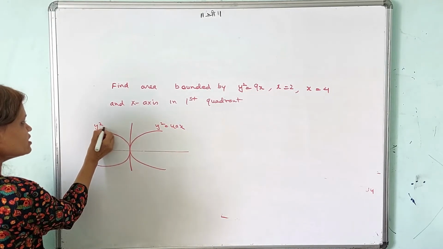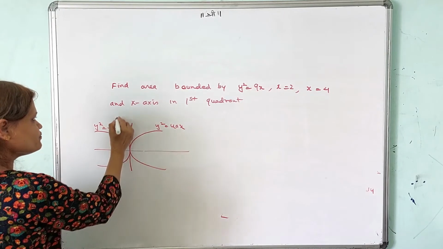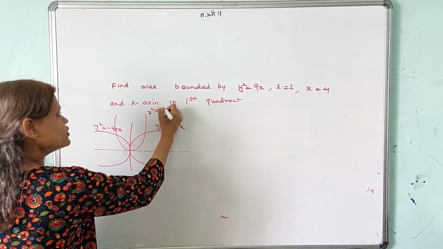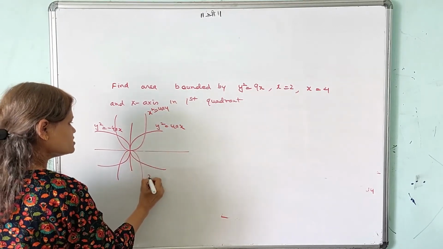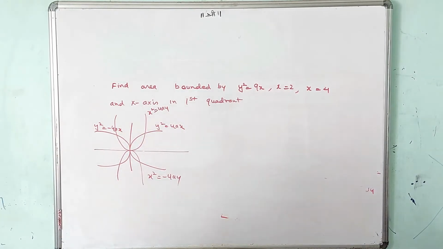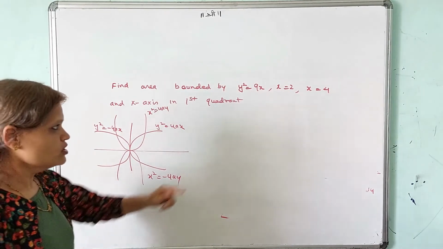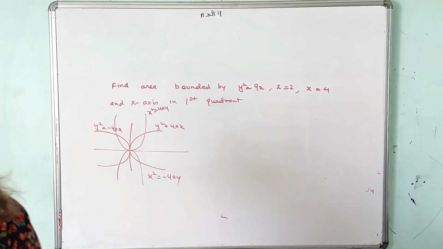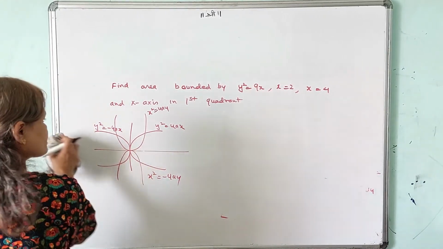So this is y square equal to minus 4ax. This is upwards, that is x square equal to 4ay. And this is x square equal to minus 4ay. So these are 4 parabolas with vertex 0. So we have y square equal to 9x, which is symmetric about positive x-axis.